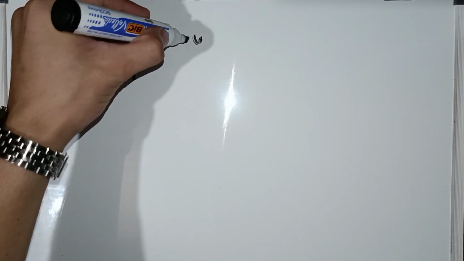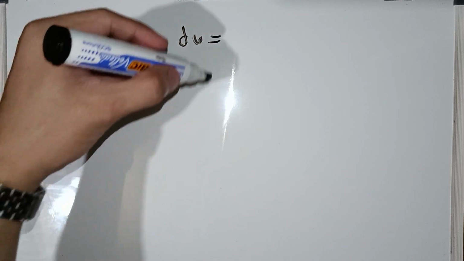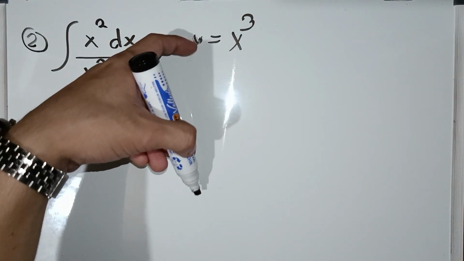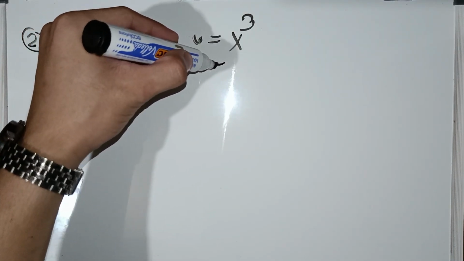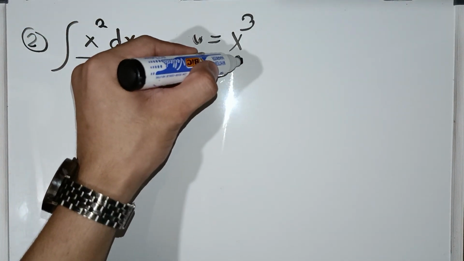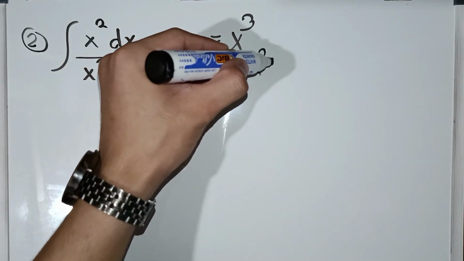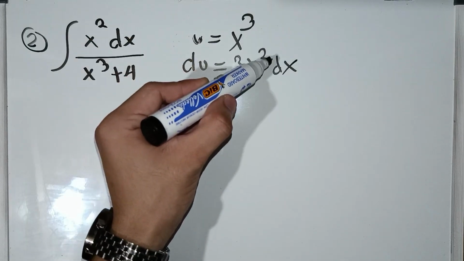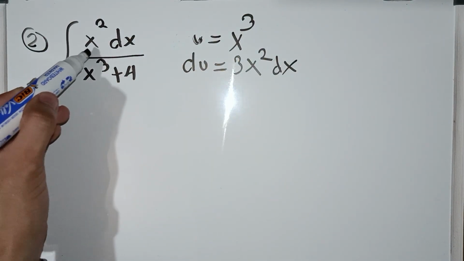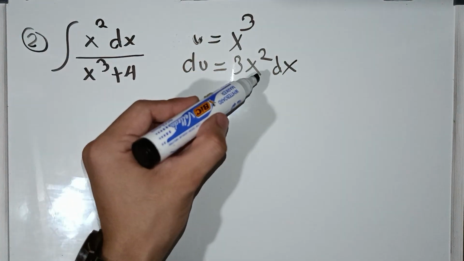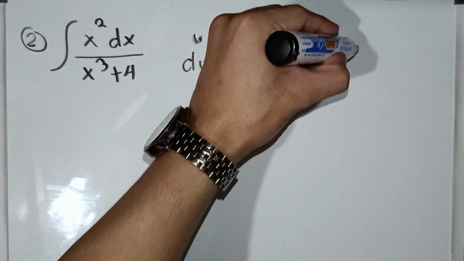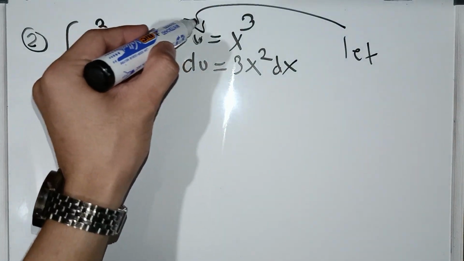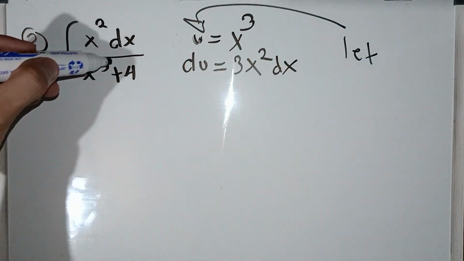So letting u equal x cubed, du is equal to the derivative of this, so 3x squared dx. Now that we have the value of du, which is 3x squared dx, we only need the x squared here, so since we have 3, let's put the 3 outside.